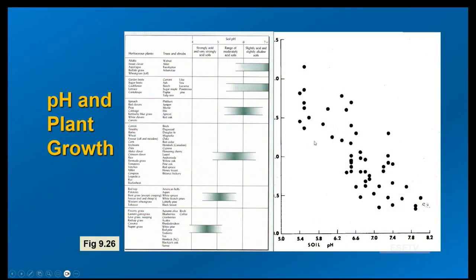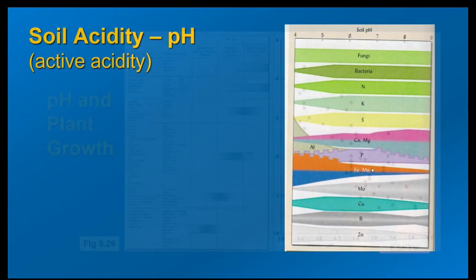This is a little greenhouse experiment. As the pH increases, note the rapid drop in seedling height. When you get to high pHs, it's deadly for red pine and many conifers. They can't exist in higher pH situations. So the productivity of species is very much dependent on pH.